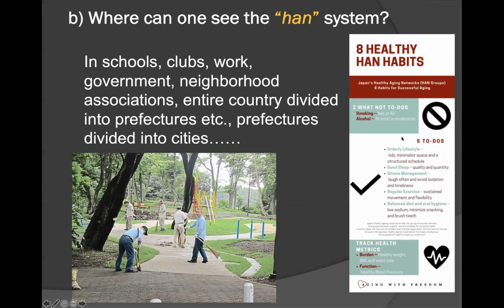But also, if you notice here, I'm not sure if you can see this, the first one listed is keeping an orderly lifestyle, meaning to keep a schedule and clean your space. And then the picture at the bottom shows a neighborhood Han cleaning the park. So this is an example of what a neighborhood association would do, or a Han in a neighborhood association.